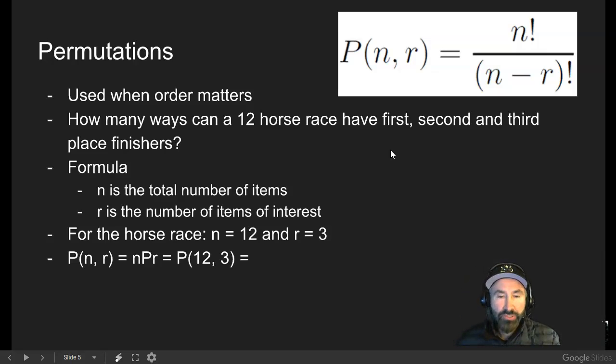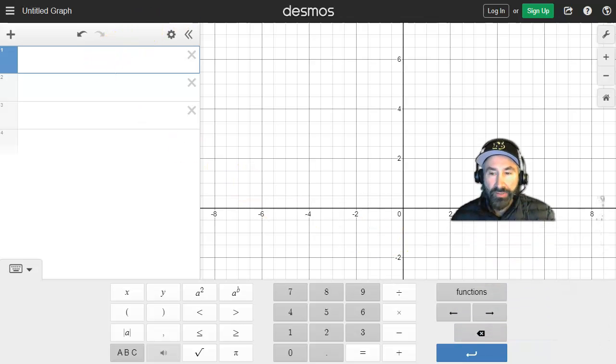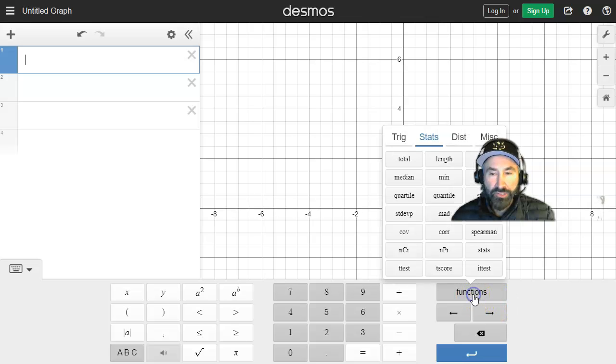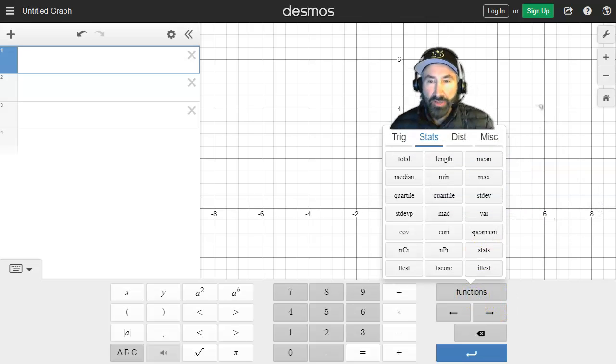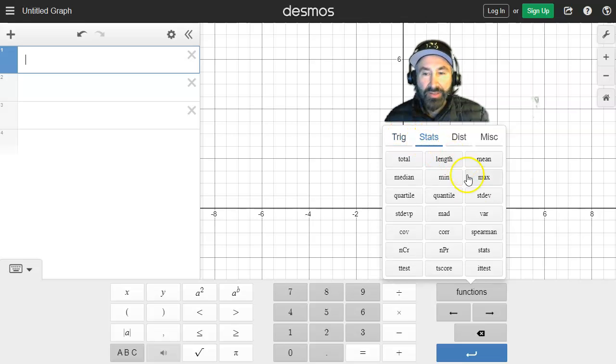And I told you I would show you how to use a couple different calculators. So we're going to try Desmos. In Desmos, they have a bunch of different functions you can use in addition to all the graphing you can do. Normally the default is trig, but if we go to stats, then we can see there's an nPr function, and that is permutations.